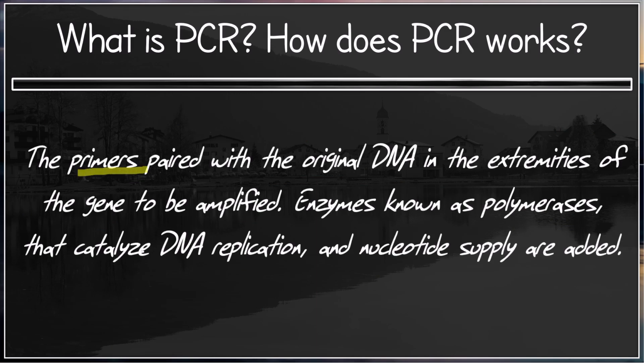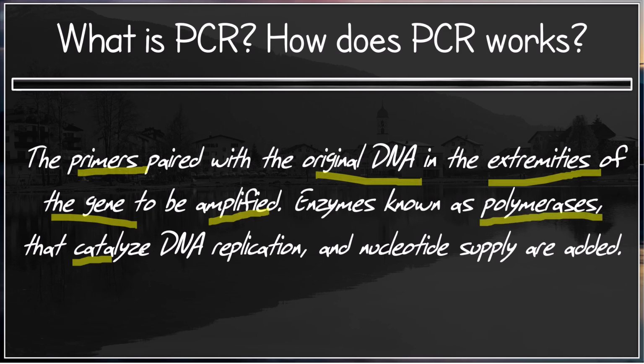The primers pair with the original DNA in the extremities of the gene to be amplified. Enzymes known as polymerases, which catalyze DNA replication, and nucleotide supply are added.